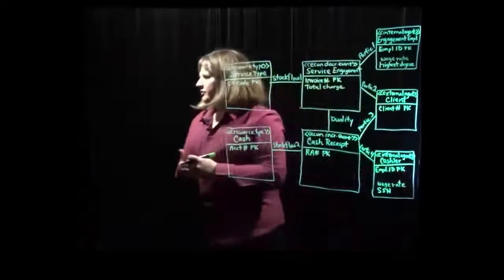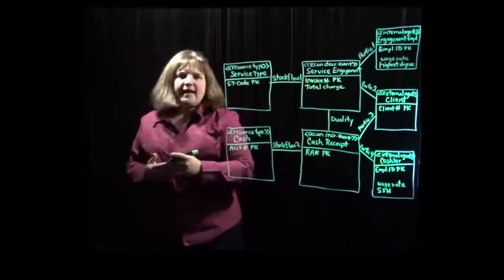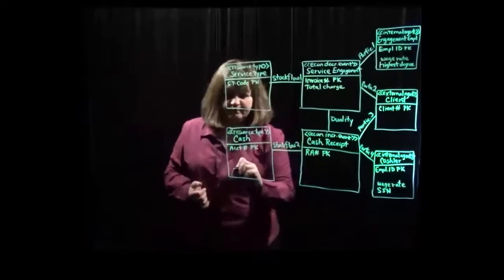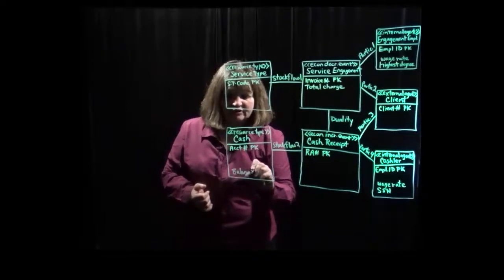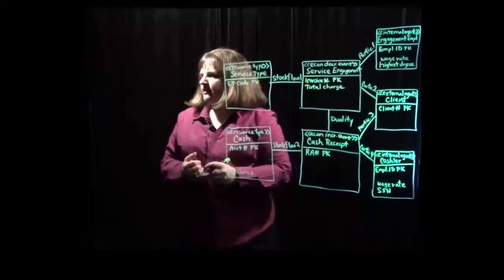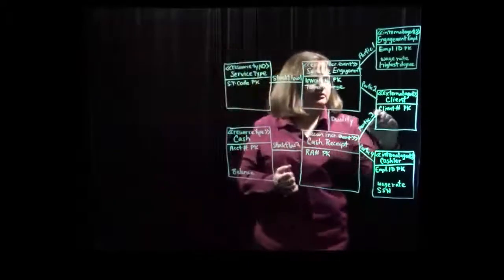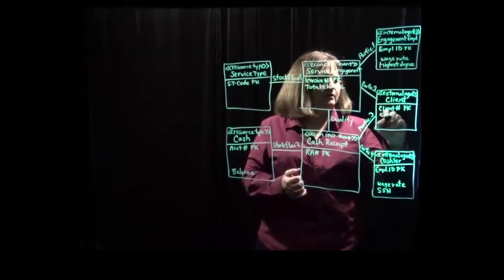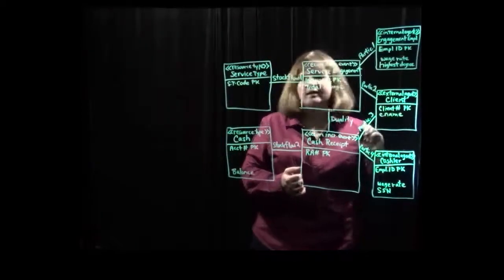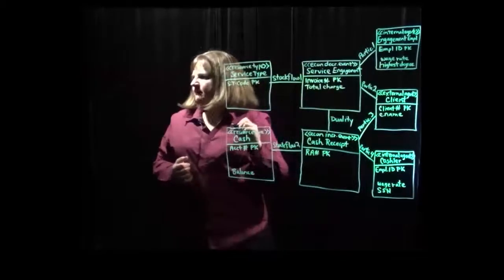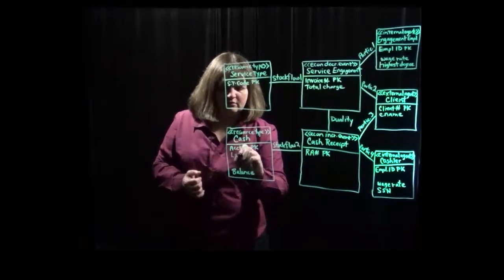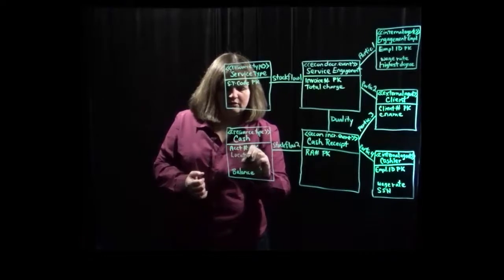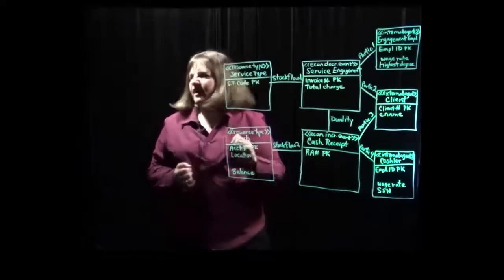The next attribute we have is the cash account balance. That's going to be an attribute of the cash account class. Then we have our client name, which will go on our client class. Then we have our cash account location, which will be an attribute of cash.